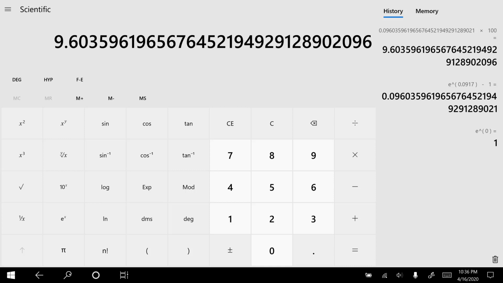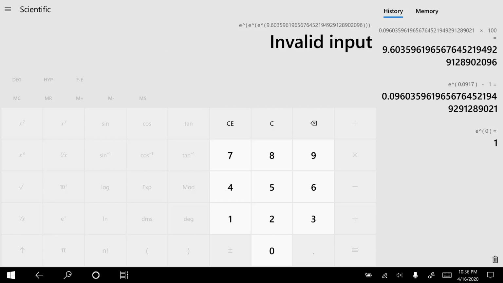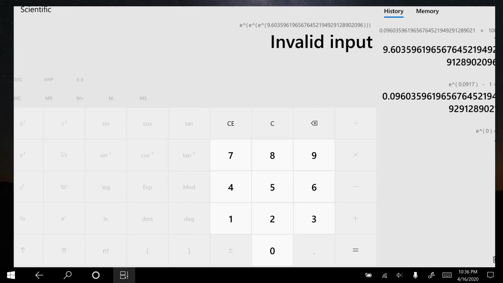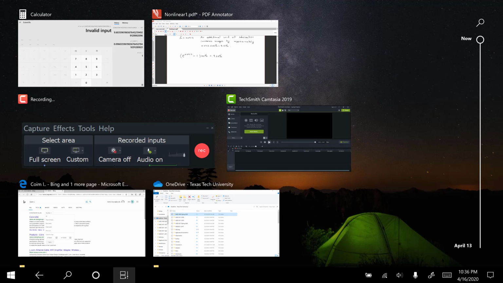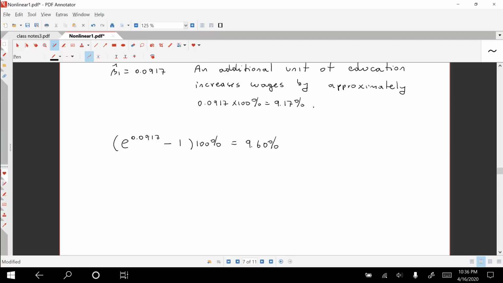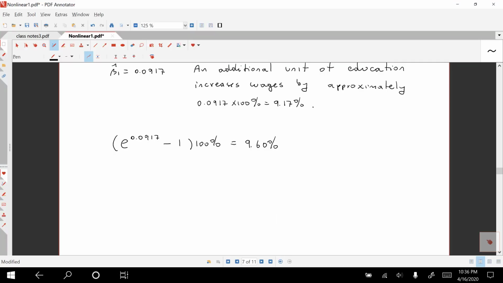Okay, so again, that's what that e function I'm talking about is. So that's the way I did that calculation, so you can see how that works.